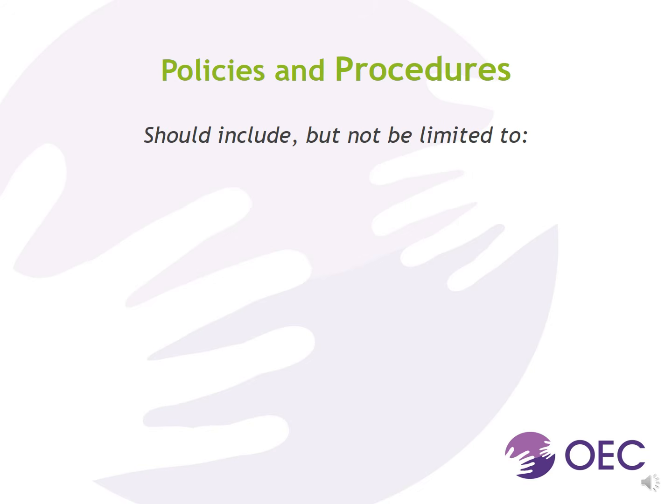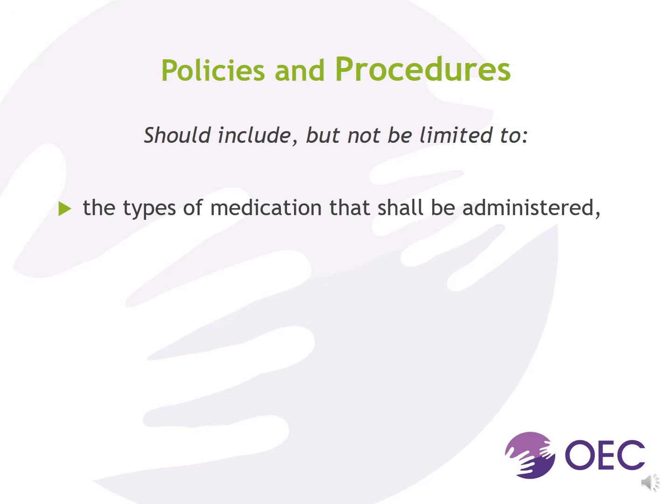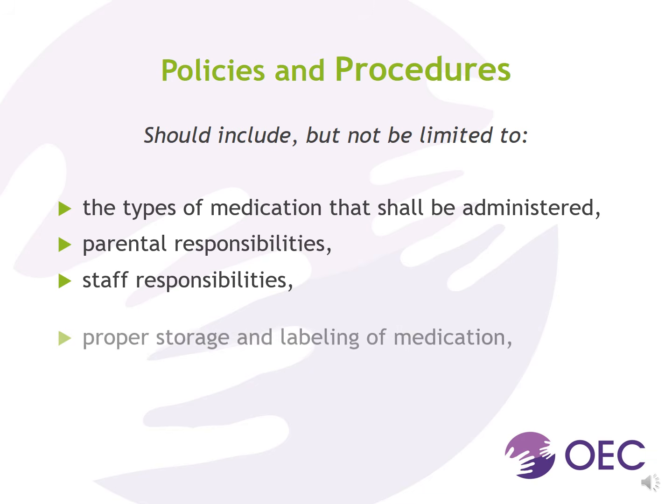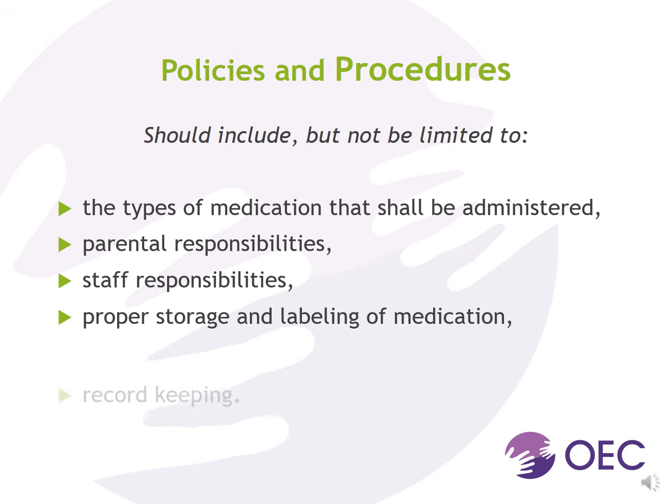Programs that administer any type of medication must have written policies and procedures that outline how the program will manage medication administration. The policies and procedures shall include the types of medication that will be administered, parental responsibilities, staff responsibilities, proper storage and labeling of medication, and record keeping.